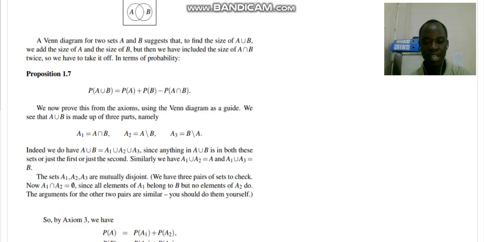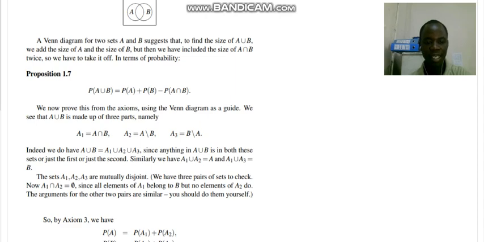Since anything in A union B is in both sets, or just the first, or just the second, similarly we have A1 union A2 equal to A, and A1 union A3 equal to B.